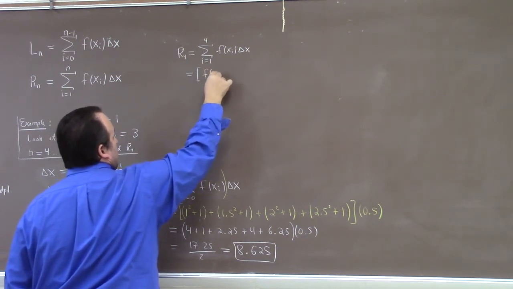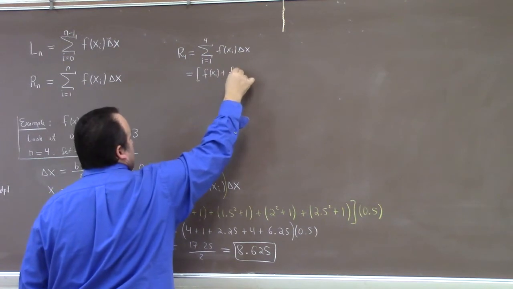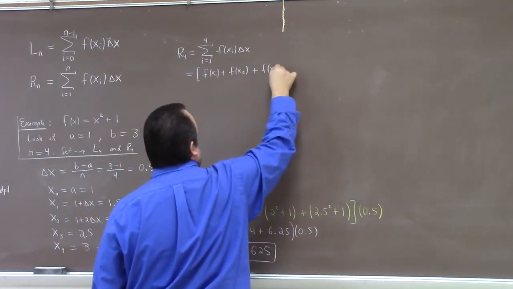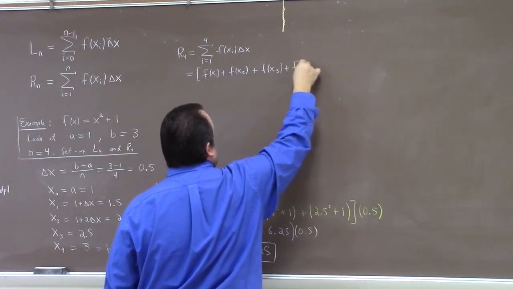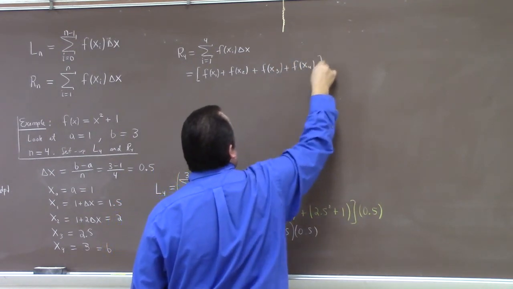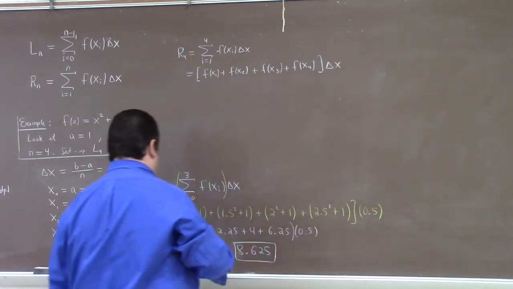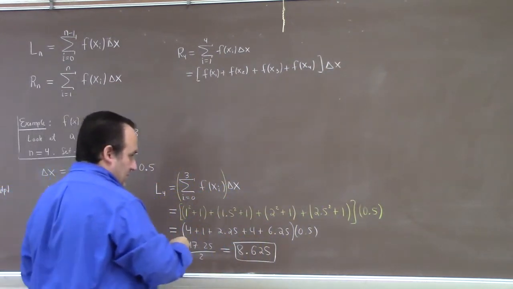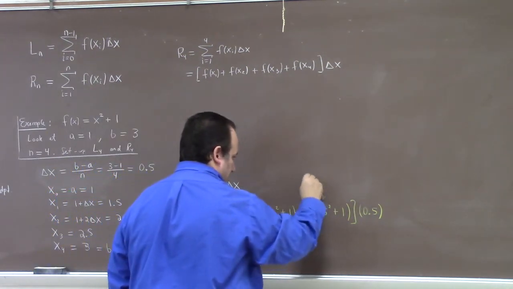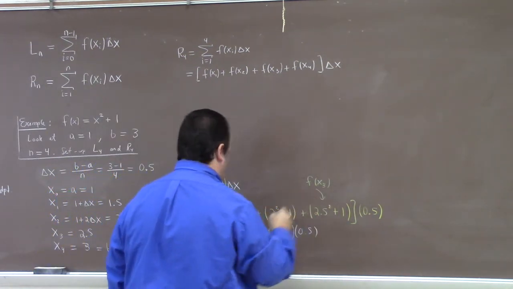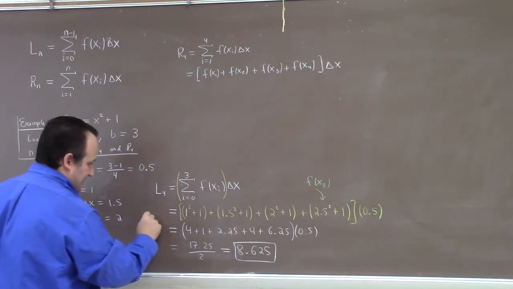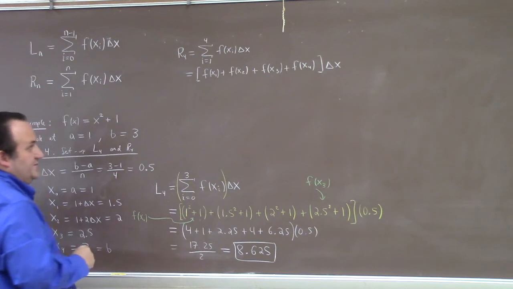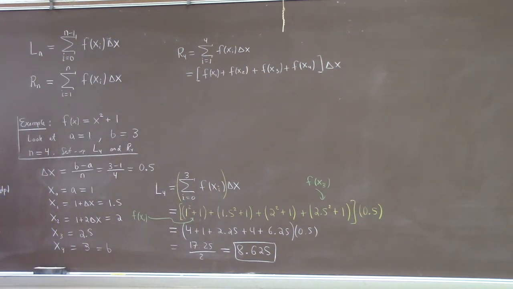This is f of x1 plus f of x2 plus f of x3 plus f of x4. Notice the difference: down here, this one was f of x3, and that was f of x naught. So the difference is that with the right endpoint rule, you start at 1 and you go all the way to n.